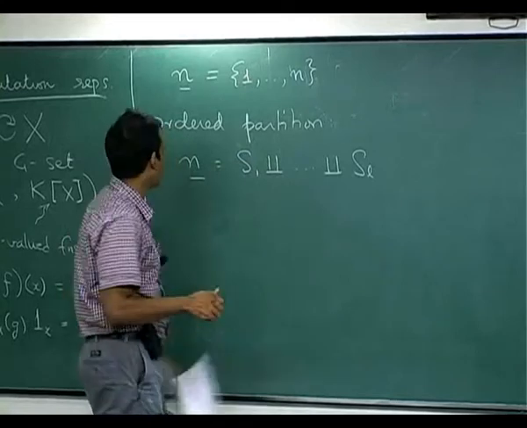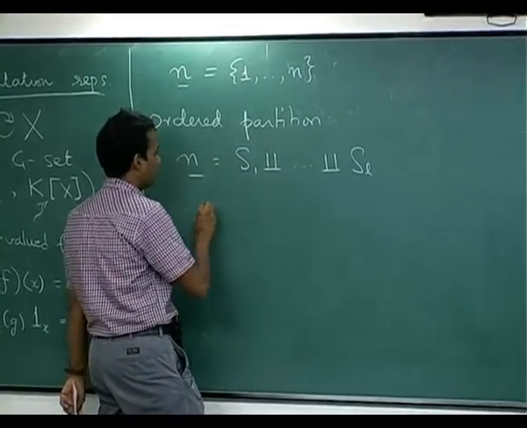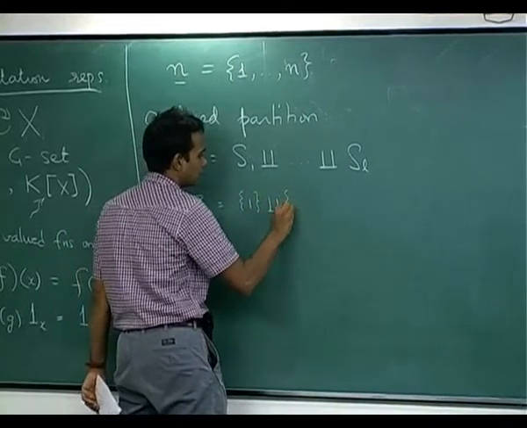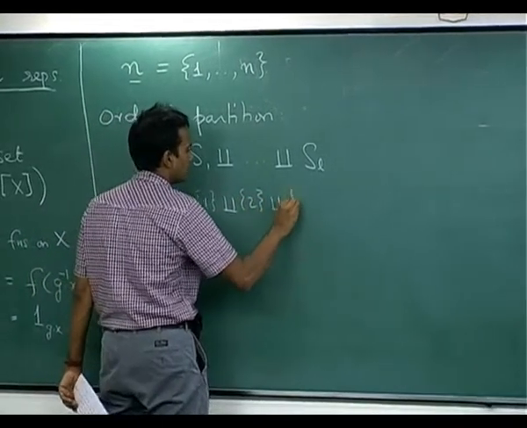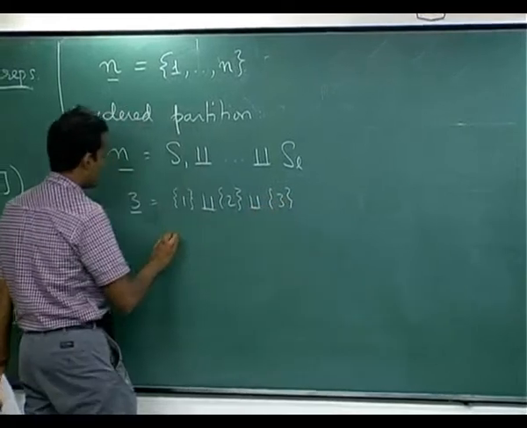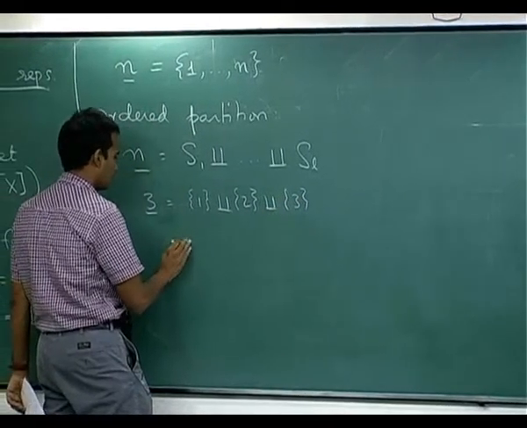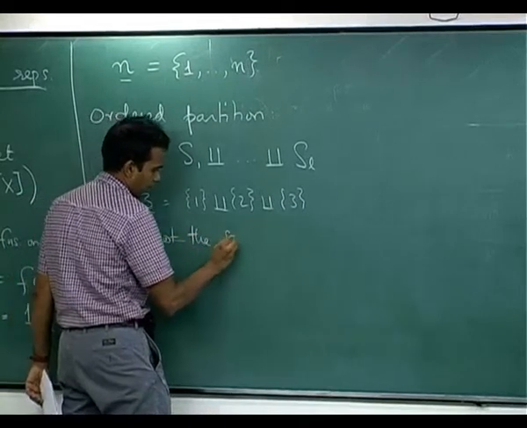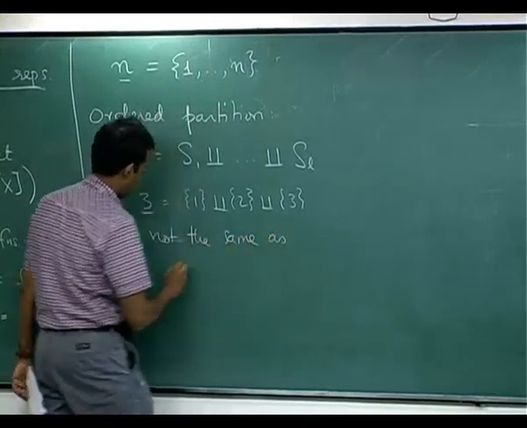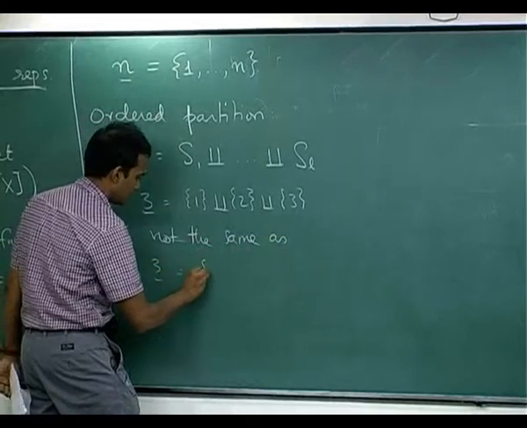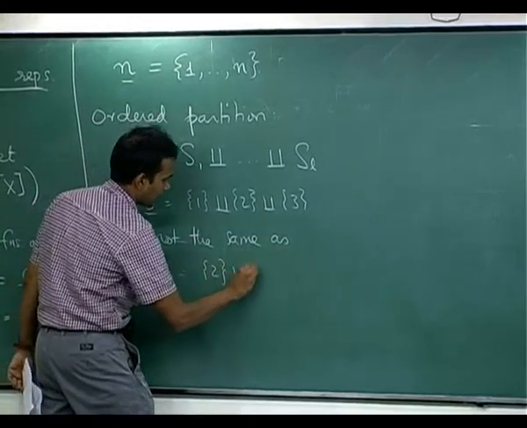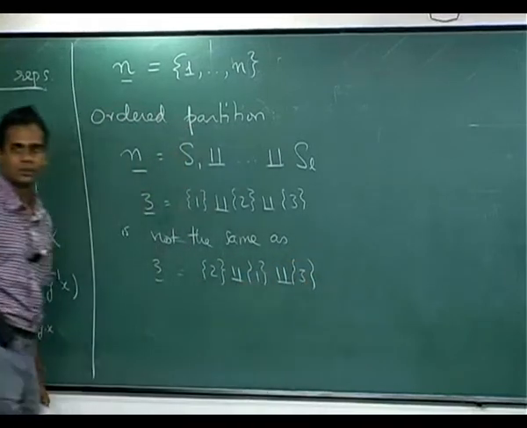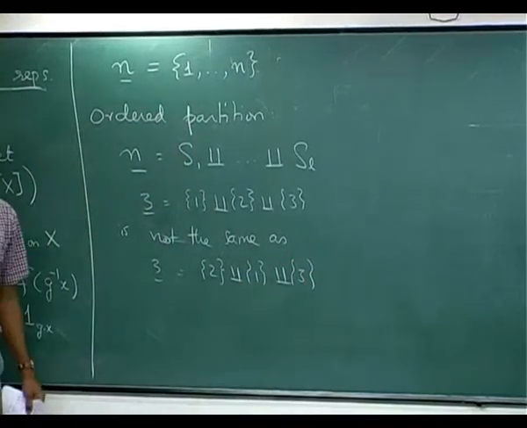So for example, 3 equals 1 union 2 union 3 is not the same as 3 equals 2 union 1. These are different ordered partitions.